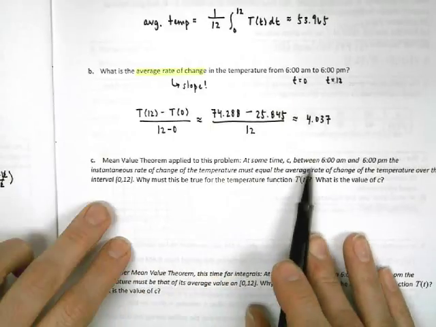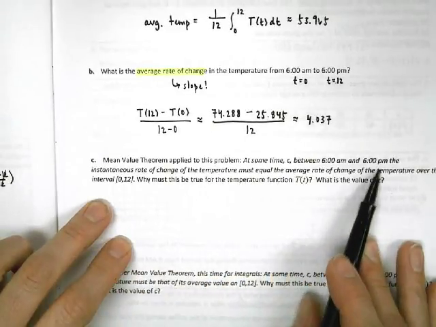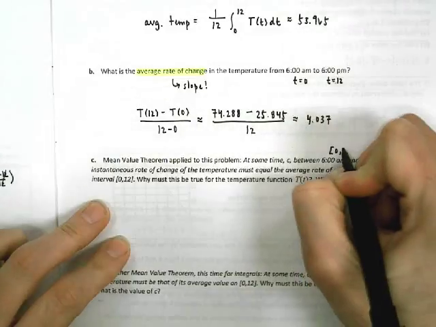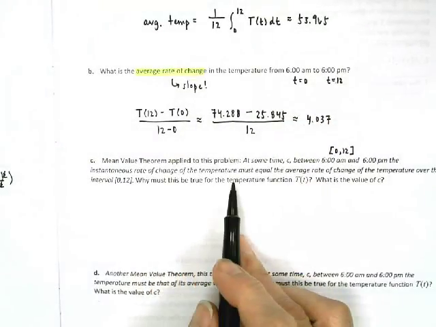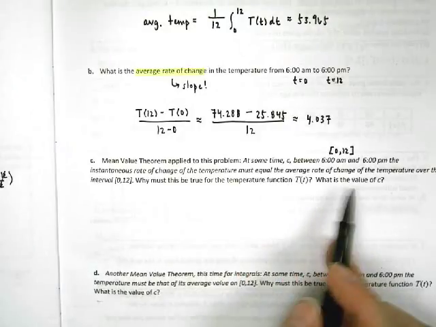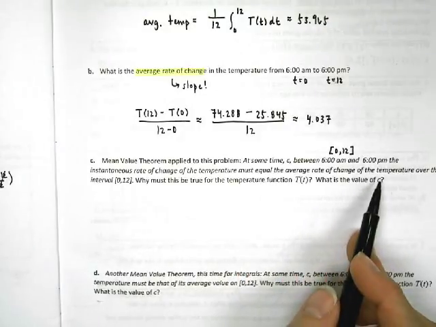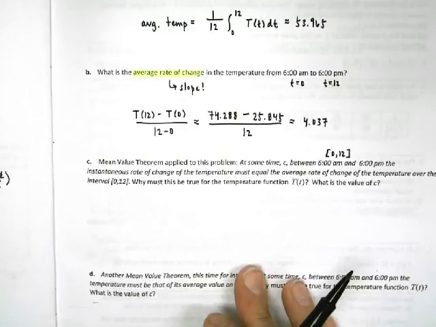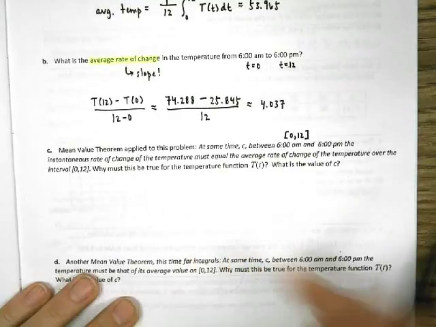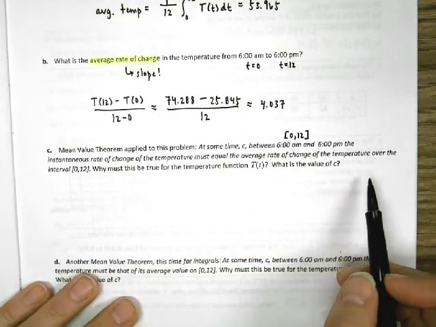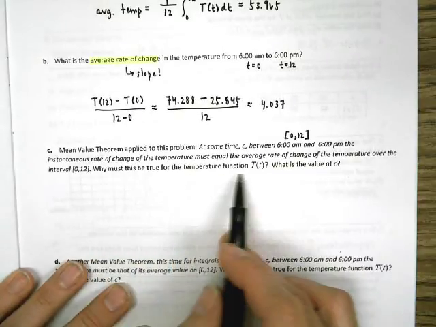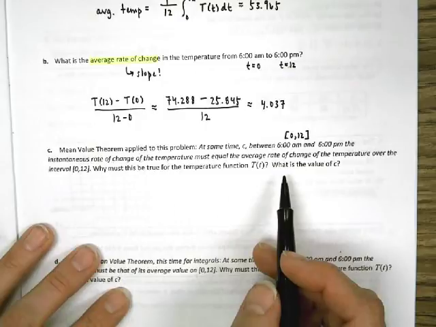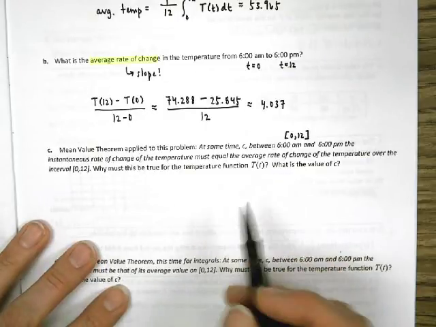Here it says at some time c between 6 a.m. and 6 p.m., so our interval from 0 to 12, the instantaneous rate of change of the temperature must equal the average rate of change of the temperature. Oh, sorry, this is our MVT for derivative. So I'm saying average rate of change is equal to the instantaneous rate of change. Okay, so why must this be true for the temperature function, and what is the value?